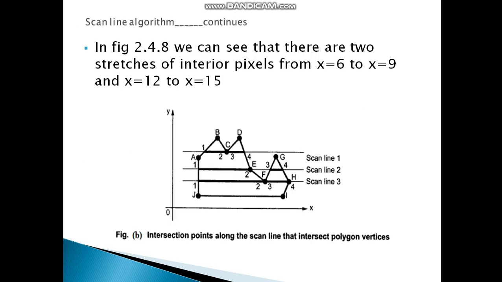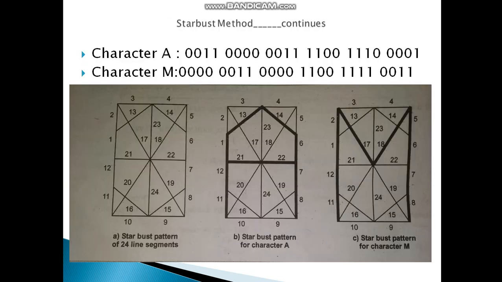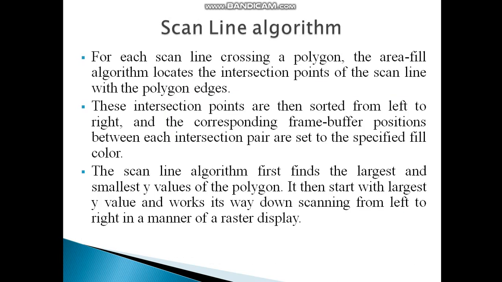So in this session we have discussed the scanline algorithm. First of all, the scanline algorithm is an area fill algorithm. First, we have to find the intersection points of the scanline with the polygon, and these intersection points are sorted from left to right, paired, and we fill the color.